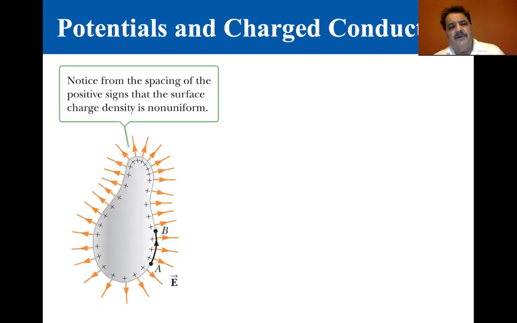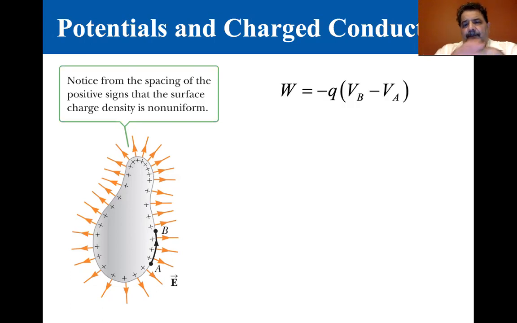Notice from the spacing of the positive signs that the surface charge density is non-uniform. I think we've already described how they tend to congregate at points. However, the electric field is the same all around the surface.